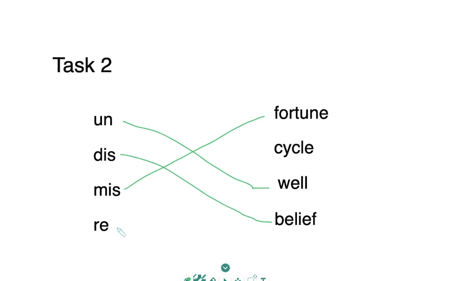I'm sure everyone knows this one. Recycling is when you reuse and repurpose materials like plastics, and that's why we put them in the green bin, because a lot of plastics get recycled into new materials and new products. So that's how these prefixes are changing the meanings of the root words when they're used together.